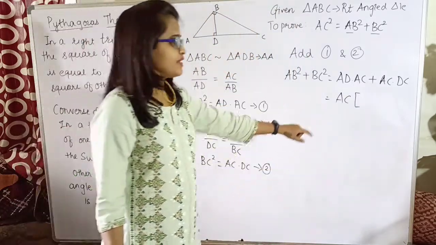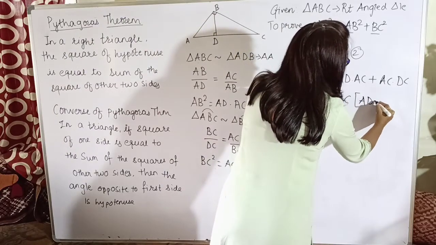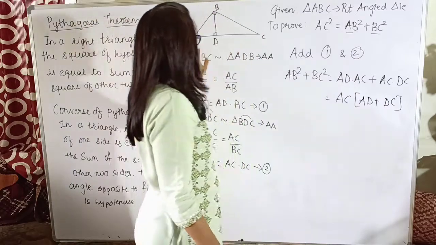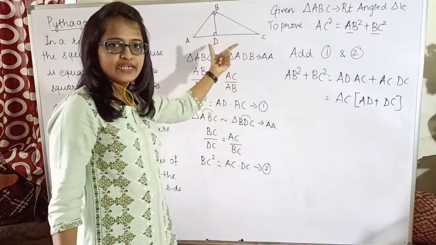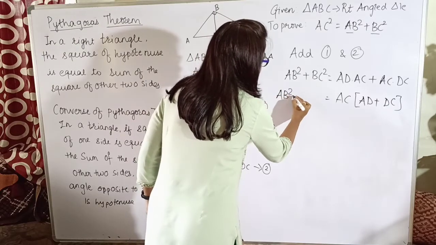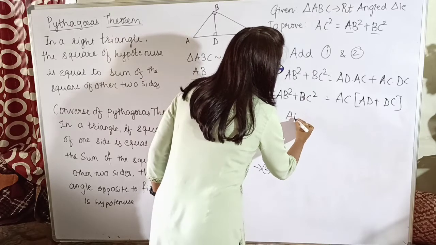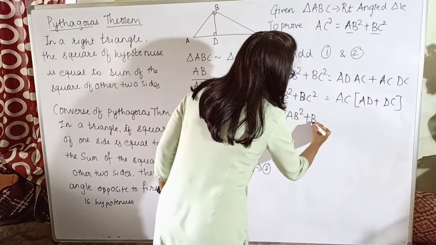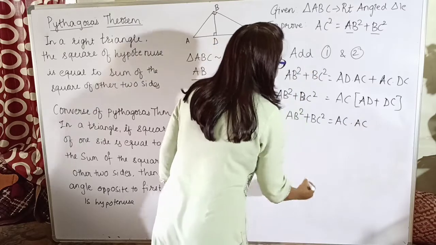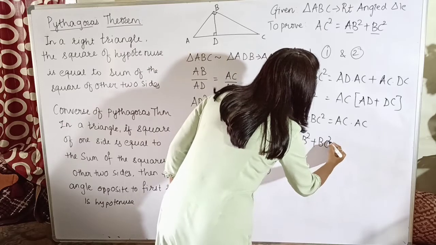What will be remaining in the bracket? If I take AC common out here, AD is remaining, and out here, DC is remaining. But what is AD plus DC? It is the complete length AC. So can I replace that bracket with AC? Yes. So AB square plus BC square is nothing but AC into AC. And what is AC into AC? It is nothing but AC square.